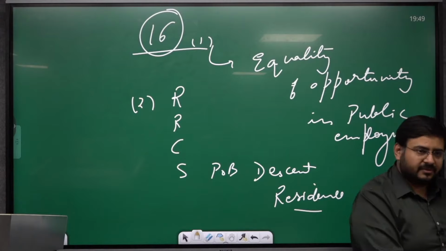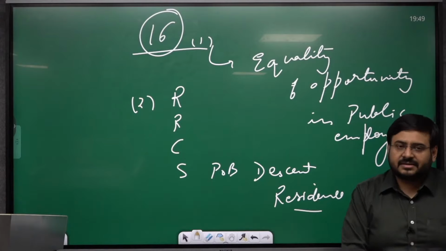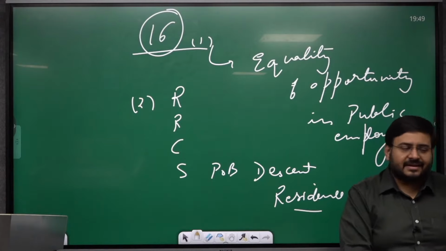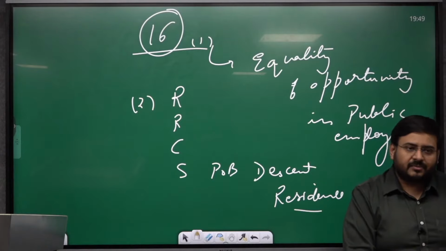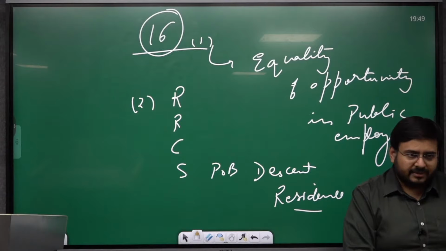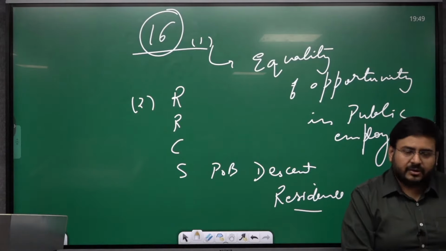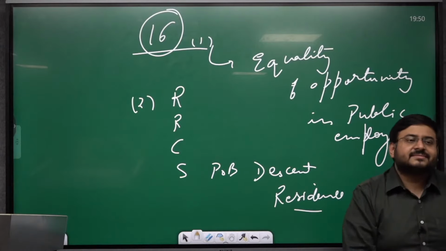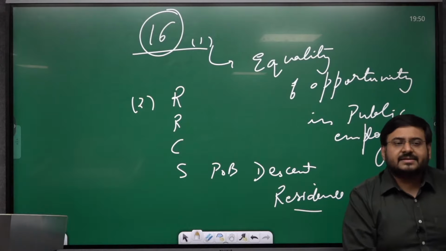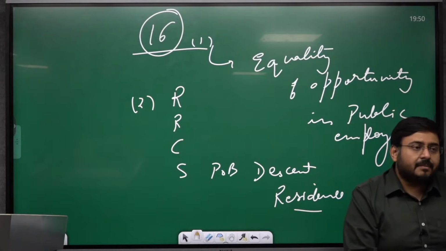Because there can be a question that the state can make residence a criterion for providing public employment. So it is not the state, it is Parliament. Okay, so in 16.3, be very clear, underline it, make a box that there is a criterion, but this criterion can only be provided by the Parliament.